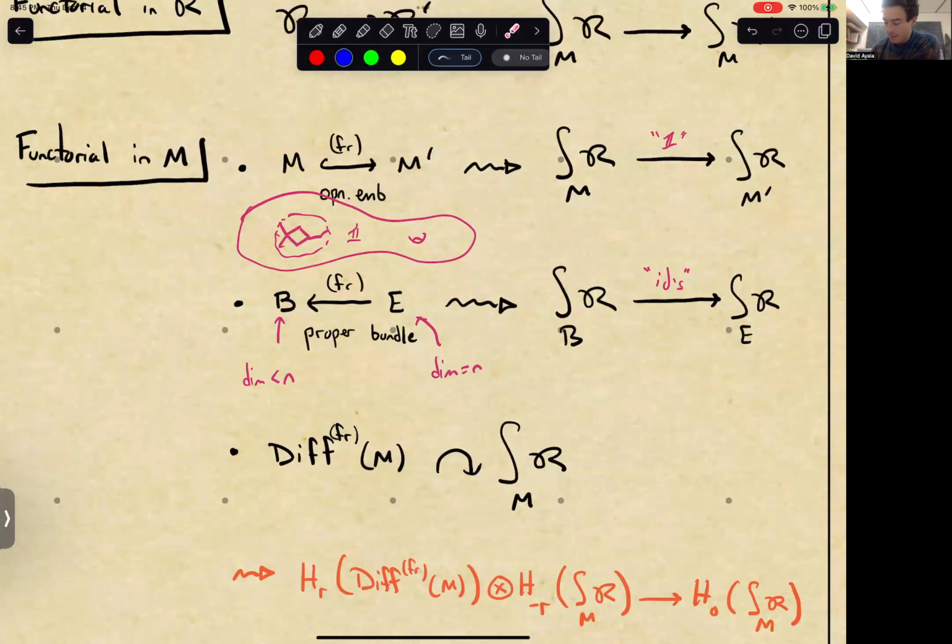So when R is like 1, the one-form symmetries that result from this continuous action smear out negative one-dimensional elements in this chain complex to get zero-dimensional elements in the Skein module.